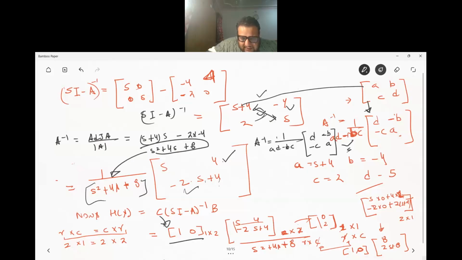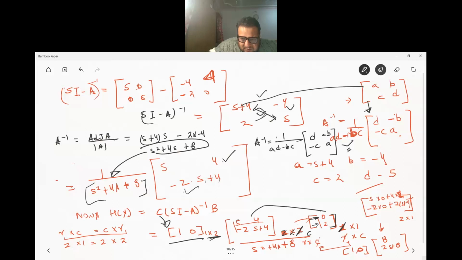So you notice C is a 1 cross 2 matrix, and this is a 2 cross 2 matrix. And B is again 2 rows, 2 into 1. If the column of one and the row of the other cancel, only then can we multiply those matrices. So how do we multiply this?